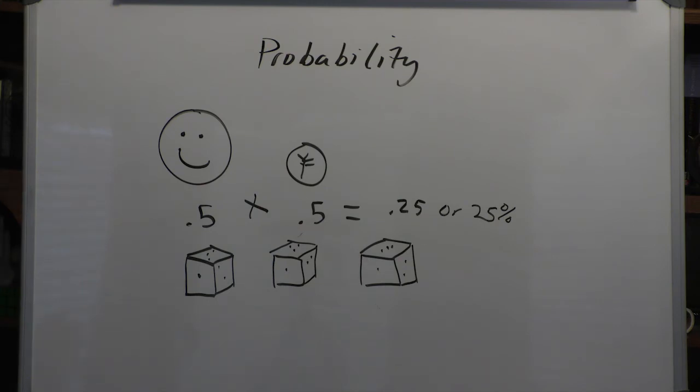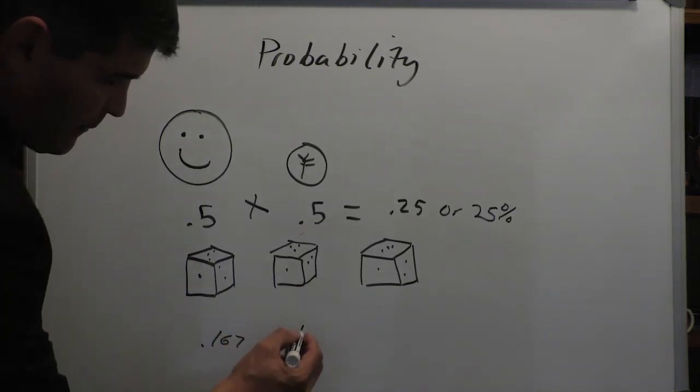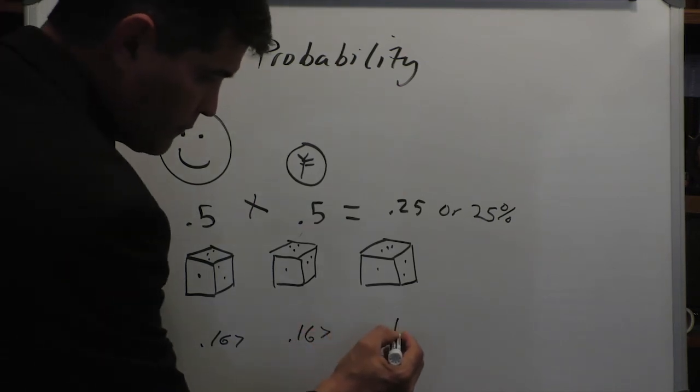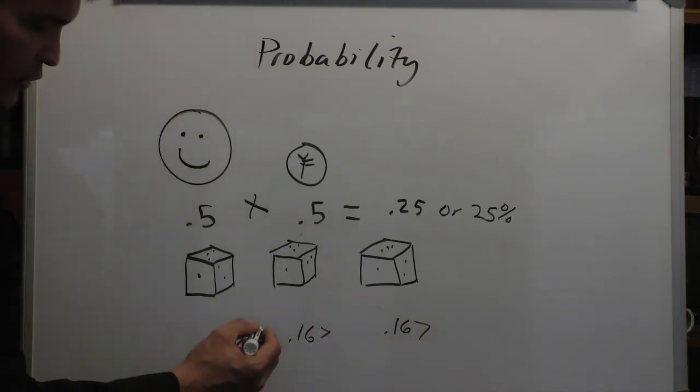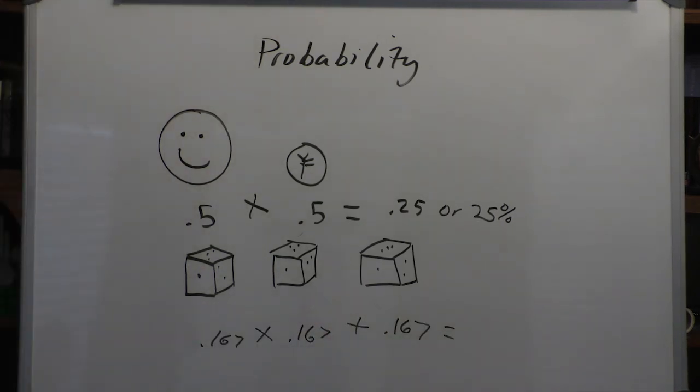So if you take the 1 divided by 6, you'll get 0.166 or 0.167. And that goes for all of them. So all you've got to do is multiply them by each other, and it'll give you a number.